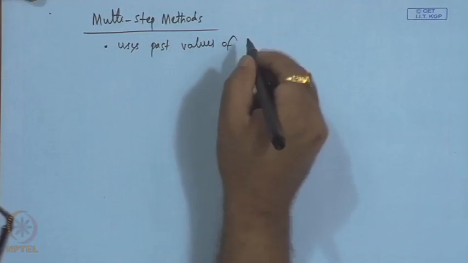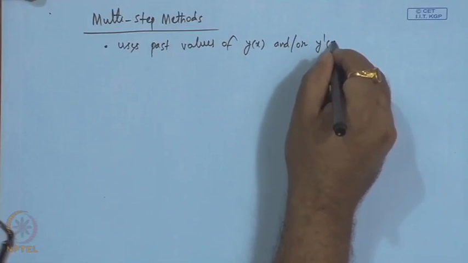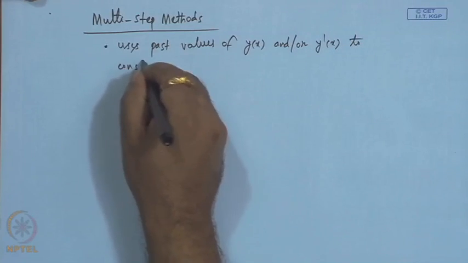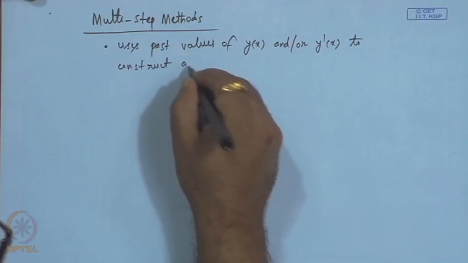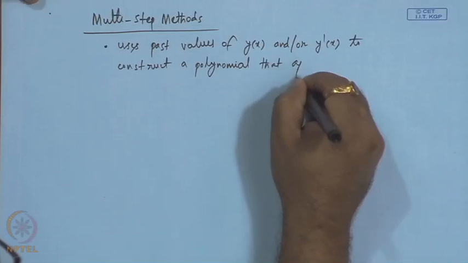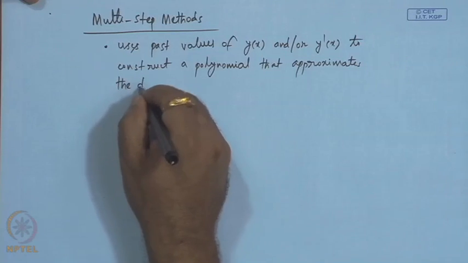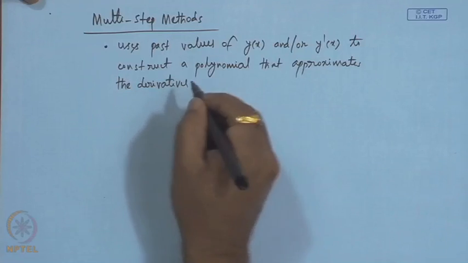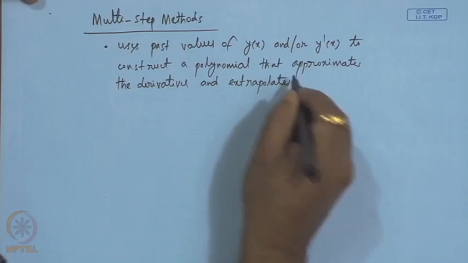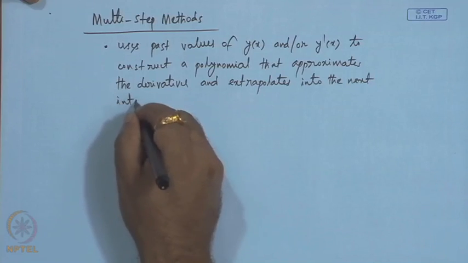past values of y of x and or y dash of x to construct a polynomial that approximates the derivatives and extrapolates into the next interval.